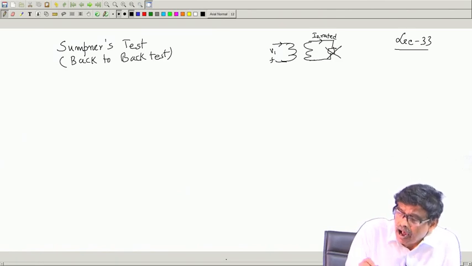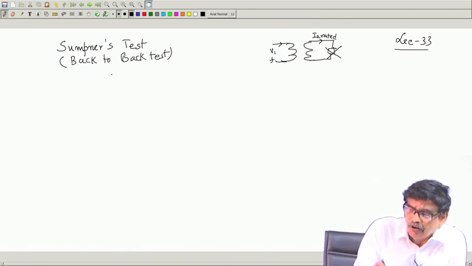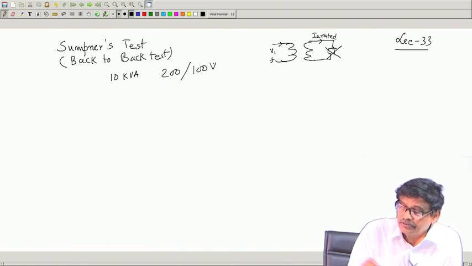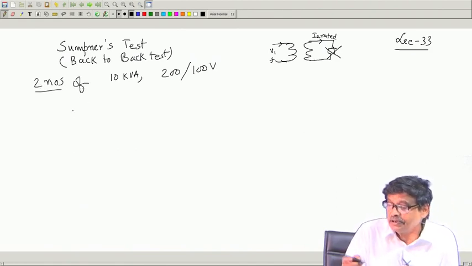For example, I will take two small transformers, say 10 kVA, just to give you a feel of what is going on: two numbers of 10 kVA, 200 volt, 100 volt, 50 hertz single phase transformers.